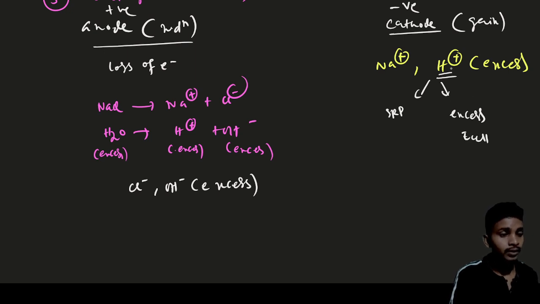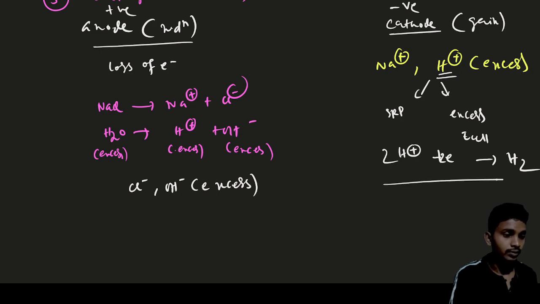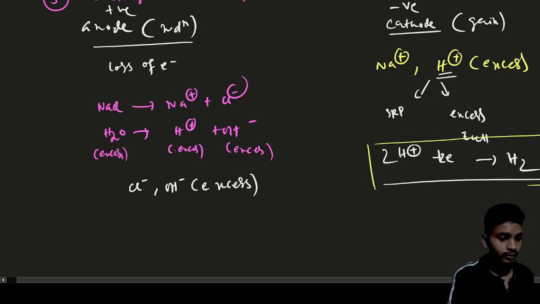Here H plus will discharge, gain electrons and become H2. This will be the reaction for the cathode.